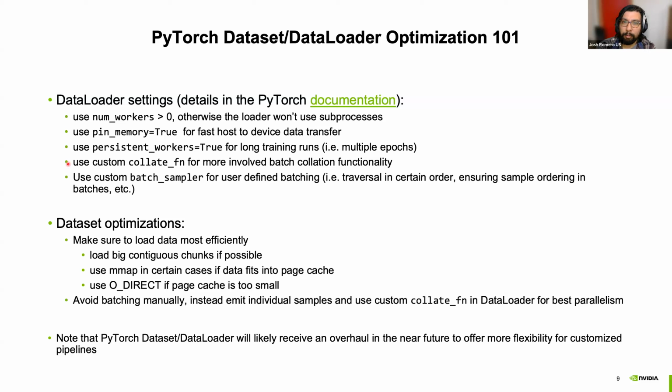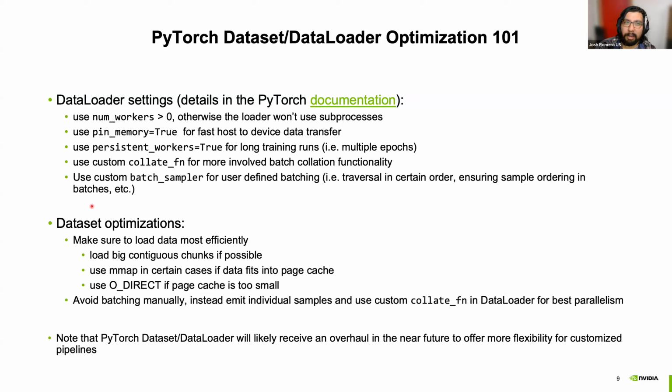And if you know your data set really well and you know that there are certain optimized ways you could collate and batch the samples together, you can write a custom collate function to do that more efficiently than PyTorch might by default. Additionally, if you have more restrictions on how you need to sample data, there's a custom batch sampler option that enables you to traverse in certain orders, ensure you pick certain samples at different probabilities, things like that.